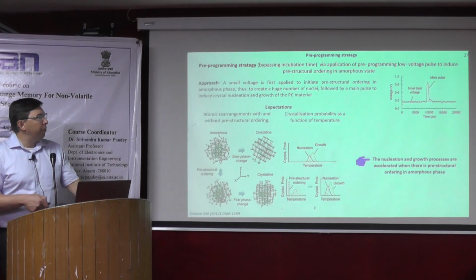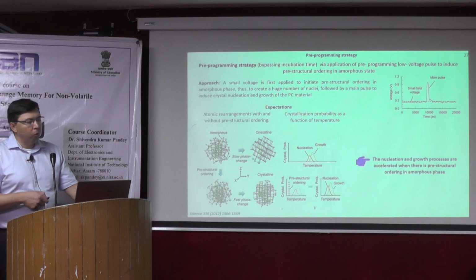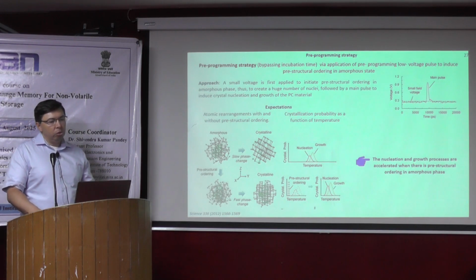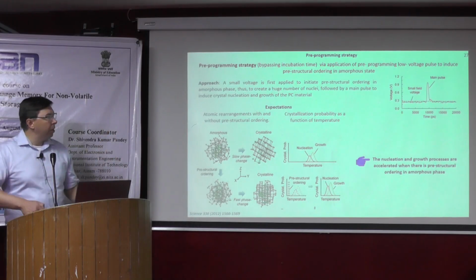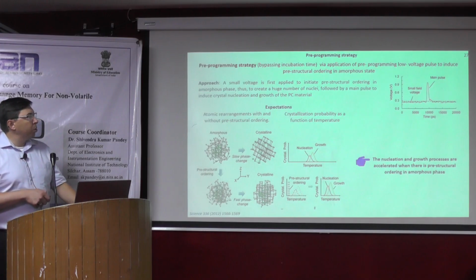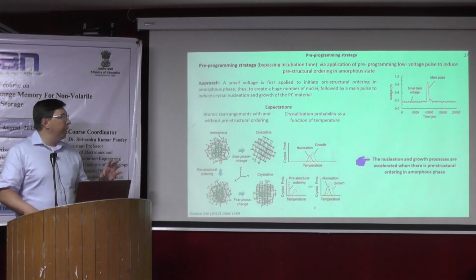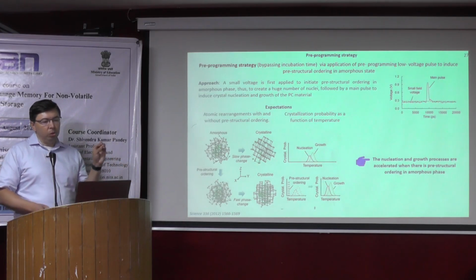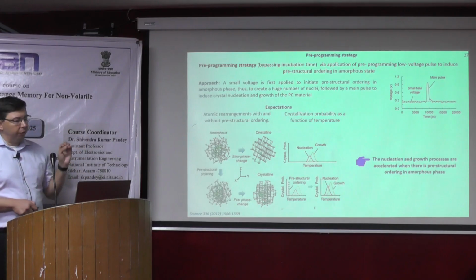It is achieved by pre-programming with a low voltage or low current pulse. So you use a very low amplitude pulse, and then you induce some pre-ordering in the amorphous phase.